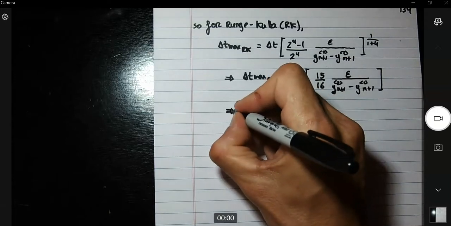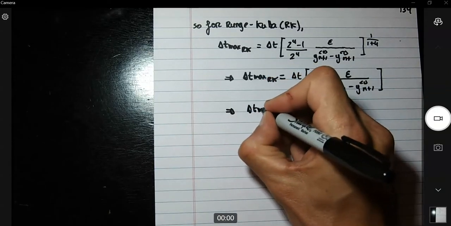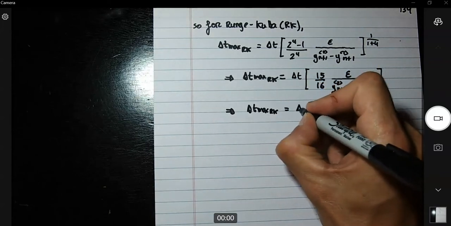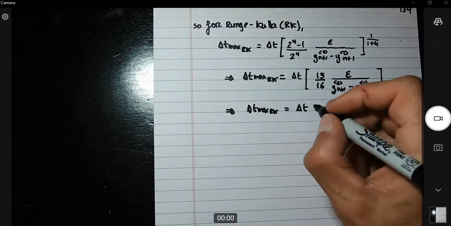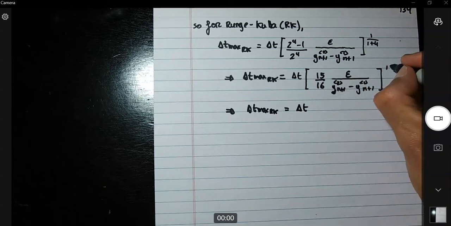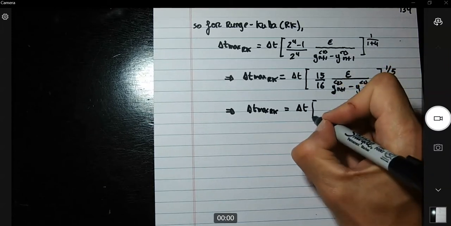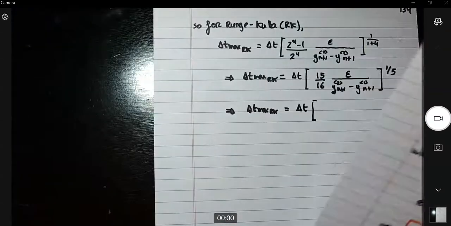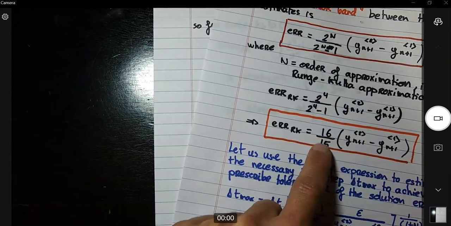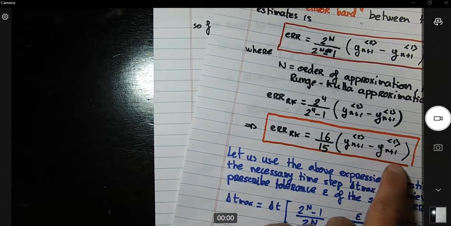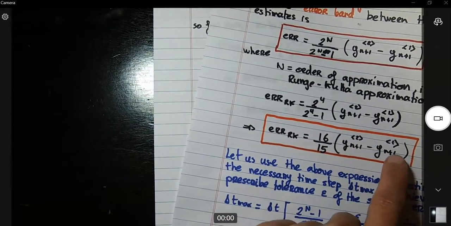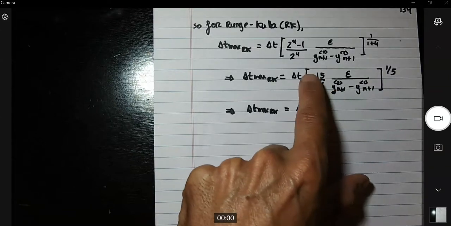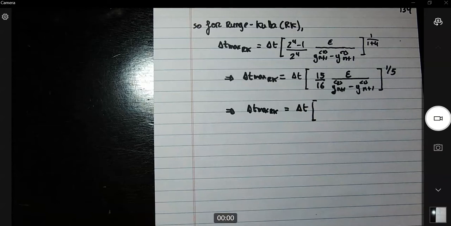Okay, and this will actually be equal to delta T of, and this will be 1 over 5 of what? If you remember from the previous page, this error function here was 16 over 15 y n plus 1 at 2 minus y n plus 1 at 1, which is just the inverse of what we have over here, okay? 15 over 16 and this one.